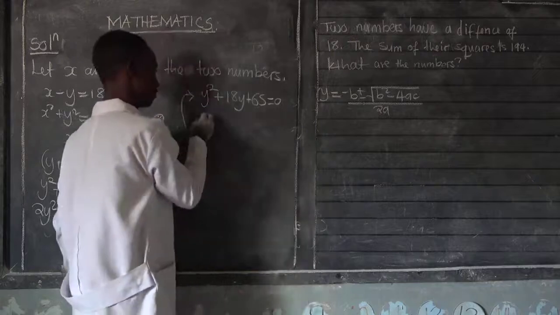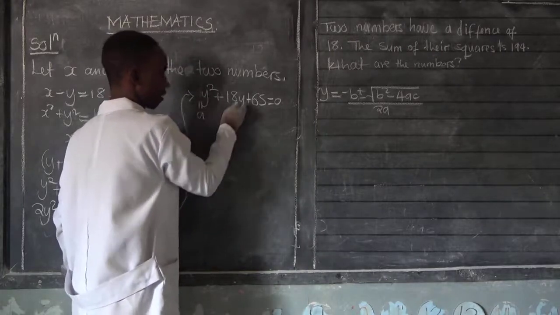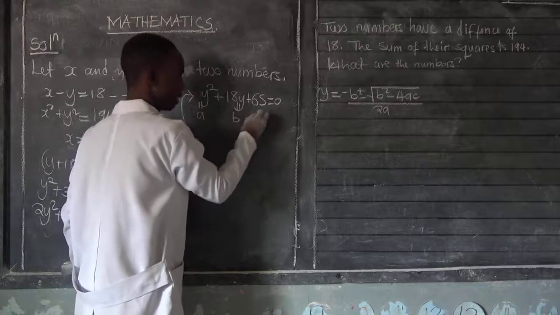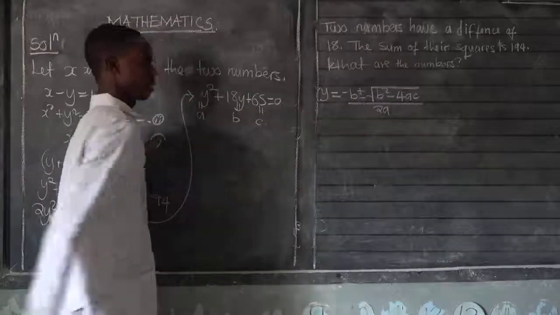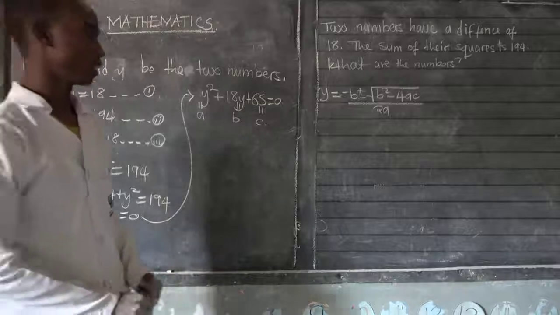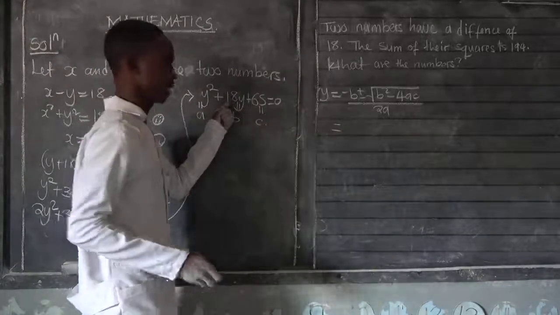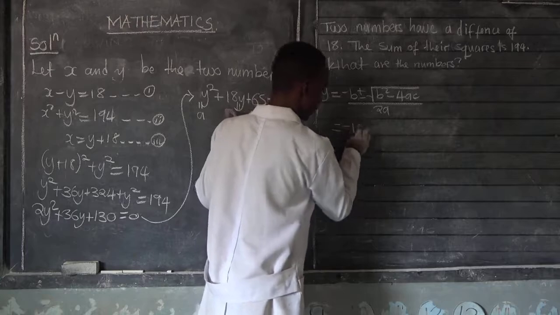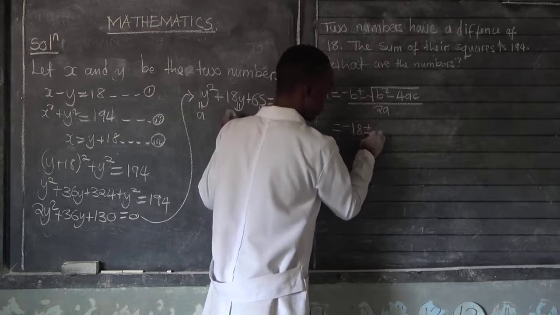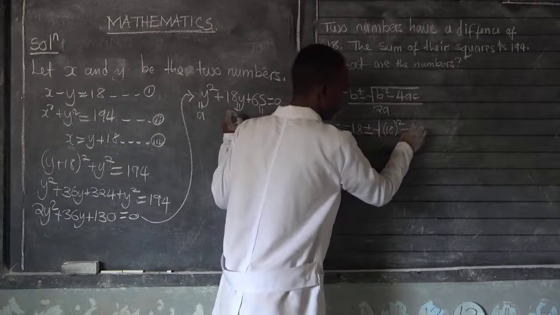From here, we take the coefficient of y squared as our a, our 18 as our b, and this one as our c. Let us see what we get in the quadratic formula. Our b is 18, so negative 18, plus or minus the square root of 18 squared minus 4ac.